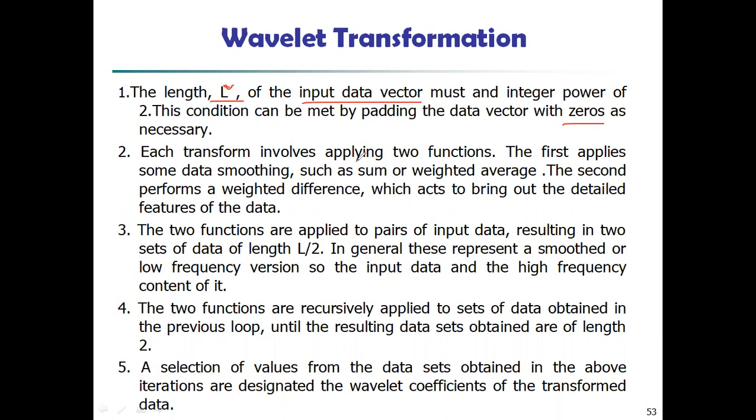Each transformation involves applying two functions. The first function applies data smoothing, where you calculate a sum or weighted average, etc. The second function calculates the weighted differences.